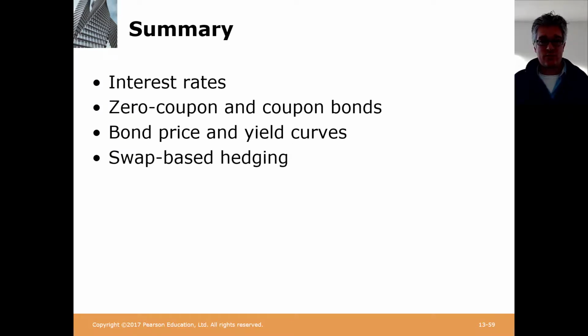So today we talked about interest rates, we talked about zero coupon bonds, the yield curve and how to get it from that, and we talked about duration. So important for today is that interest rate risk is an important determinant. It's important for everyone, and you can hedge against it by engaging, for instance, in swaps or by selling and buying assets.